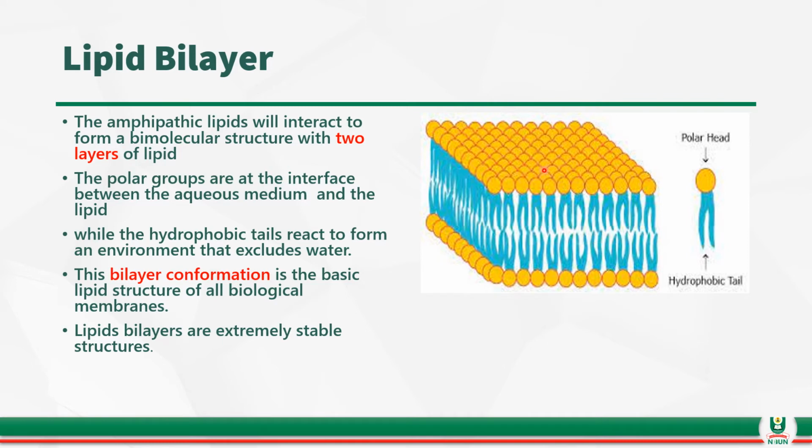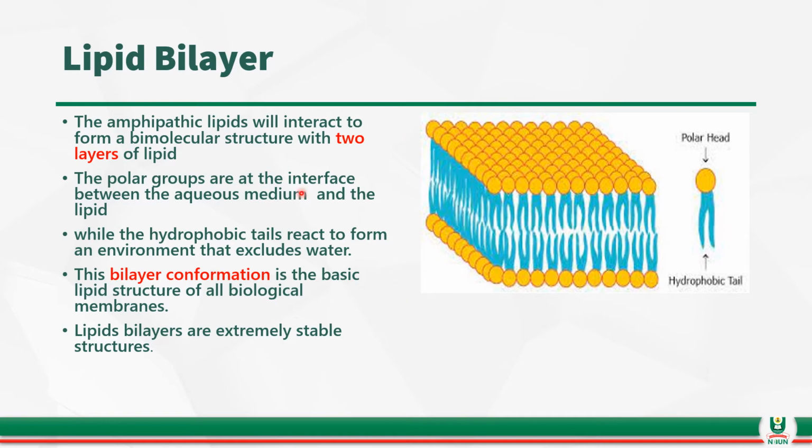The lipid tails are protected from the aqueous medium, and this makes sure that water doesn't get into them. This formation is known as bilayer formation, and because of this formation, these membranes are relatively stable.